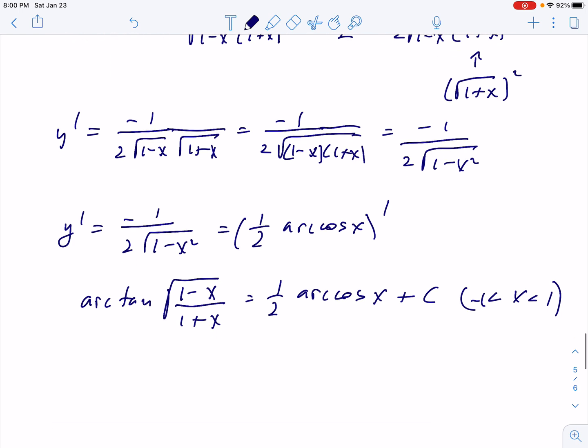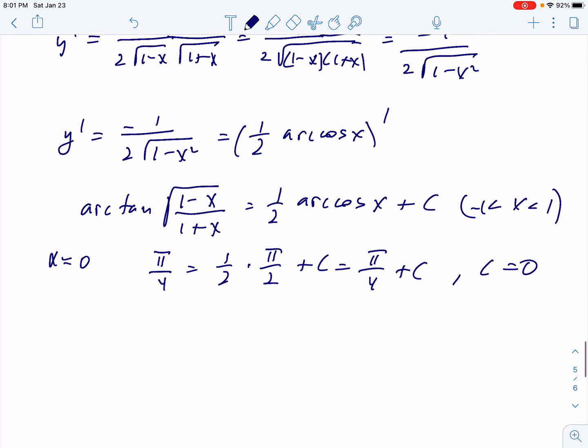What is c? Just take x equals 0. On the left side, arctangent 1, which will be pi over 4, because tangent pi over 4 is 1. On the right side, we have 1/2 arc cosine 0, which is pi over 2, plus c. So this becomes again pi over 4 plus c. Turns out c is 0.